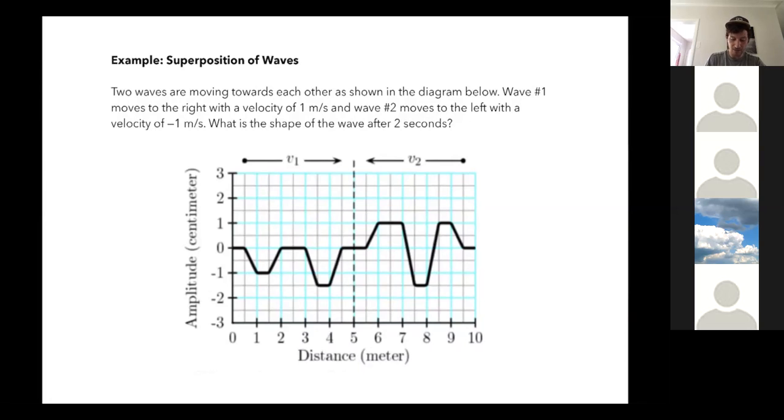On this side, this is wave number one, and over here, this is wave number two. Both waves are moving towards each other with speeds of 1 meter per second, and we want to know what the shape of the wave is after 2 seconds, okay?